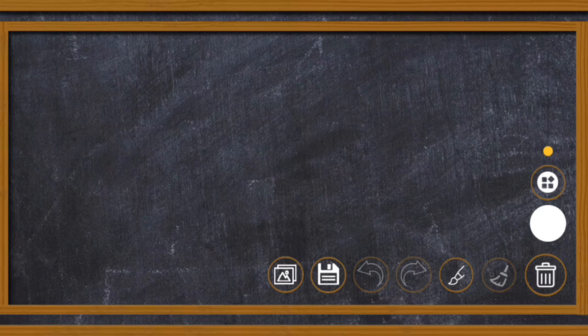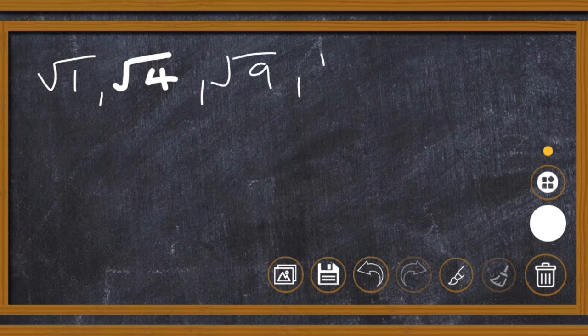Apart from that, the other type of rational number that we need to understand is the perfect square. The examples are rational numbers which are square roots of perfect squares, for example, let's say we have 1, 4, 9, 16, and so on.